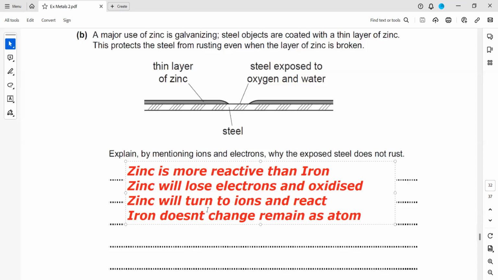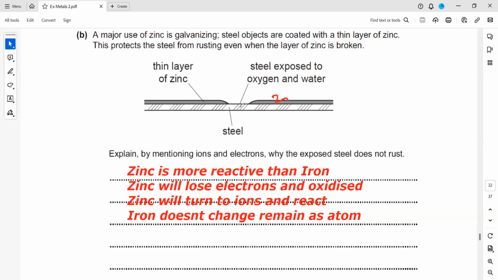And about the movement of electrons, what will happen? The electrons will travel from the zinc surface to, like, this is a zinc and this is a piece of iron. Zinc is more reactive than iron, so zinc will turn into zinc ion and its electrons transfer to the iron surface. So as a result, there are lots of electrons there.